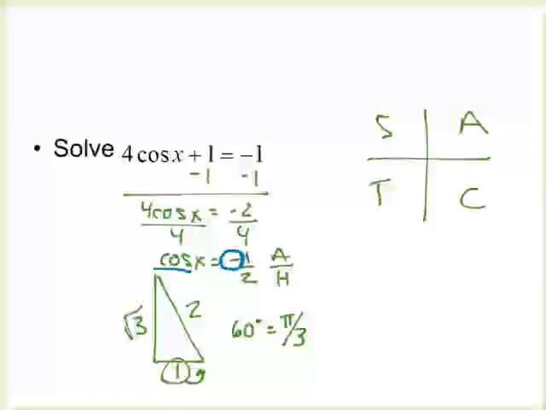So I want the quadrants where cosine would be negative. So which ones is it not going to be? It's not going to be A, because A means all are positive, and I don't want a positive answer because my equation says cosine is negative 1/2. And it's not going to be C, because C means cosine is positive, and I want cosine to be negative 1/2. So that means our answers are going to be in the S and T quadrants.